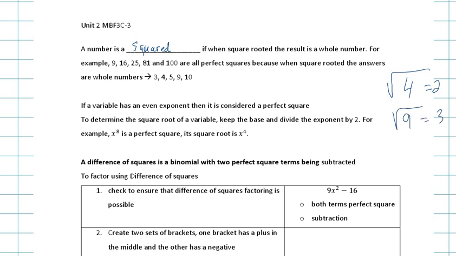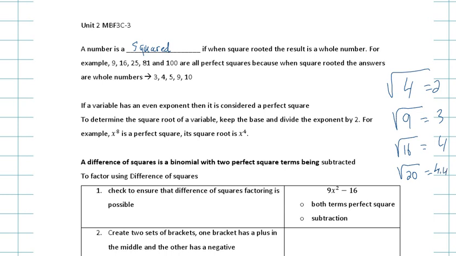If you have 16, and you do the square root of 16, what do you get? 4. If you have 20, and you do the square root of 20, what do you get? Do square root of 20 for me. 4.4. Okay?